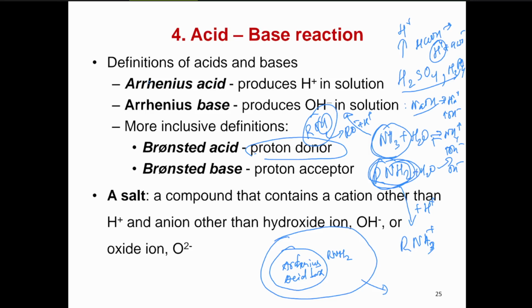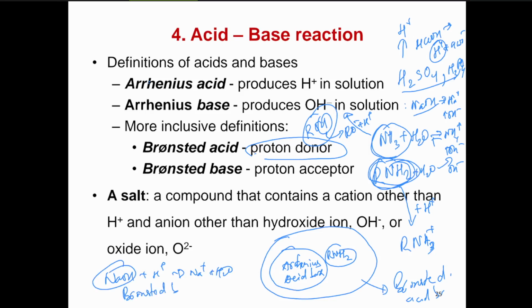This is a base. Now RNH2 becomes a base because it can accept a proton. Of course, all the bases in Arrhenius, like NaOH, are still Bronsted bases because they can accept protons as well. So let's say NaOH plus H+ becomes Na+ plus H2O. So this one is also a Bronsted base.